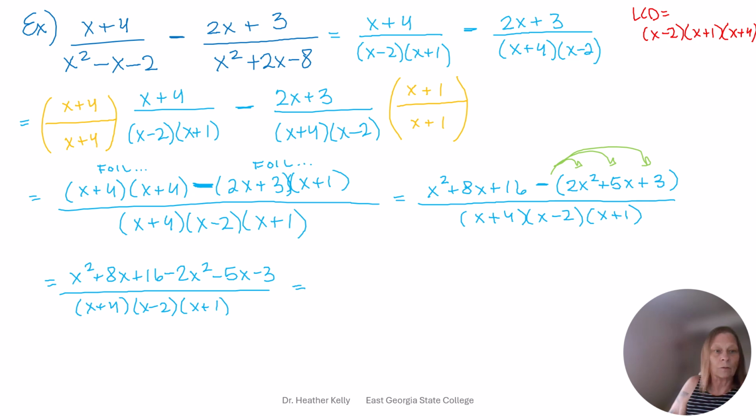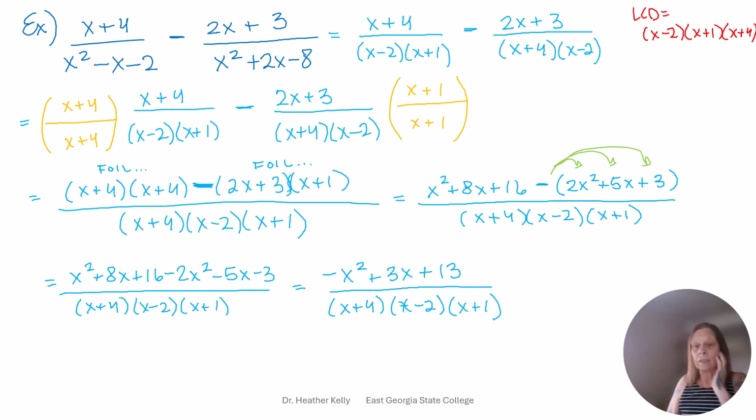Okay, and so now let's clean up the numerator here. We have a negative x squared plus 3x plus 13, all over our x plus 4, x minus 2, and an x plus 1.